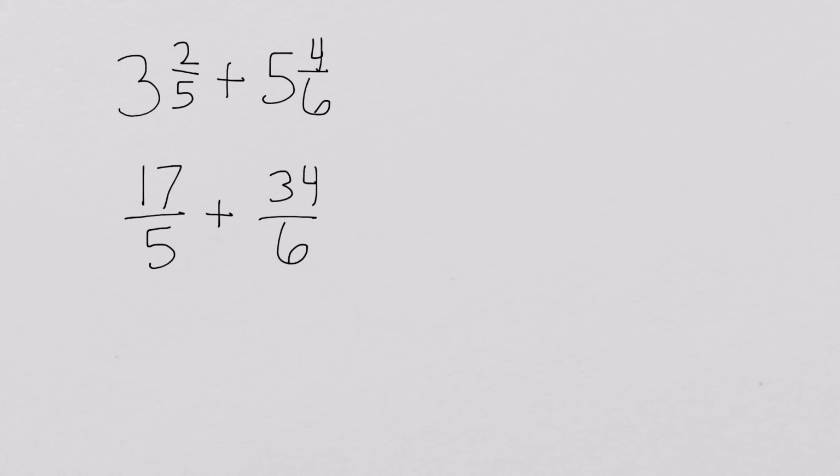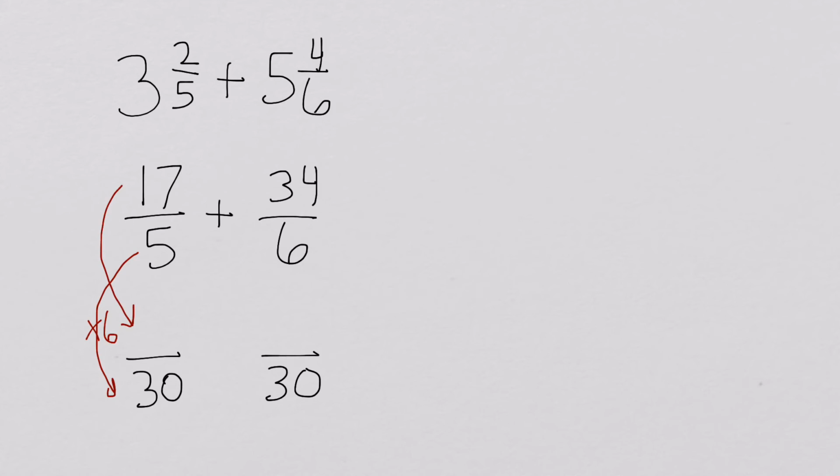Common denominator is still going to be 30 for both pieces. And just like before, we want to multiply the numerator and the denominators by the same factor that gets us those common denominators. So if I multiply 5 by 6 to get 30, I have to multiply 17 by 6, which gets us 102.